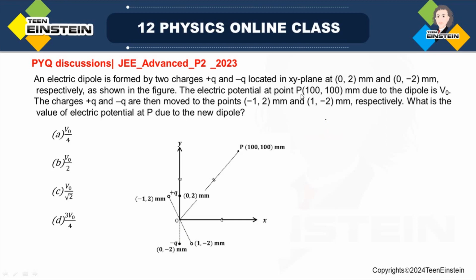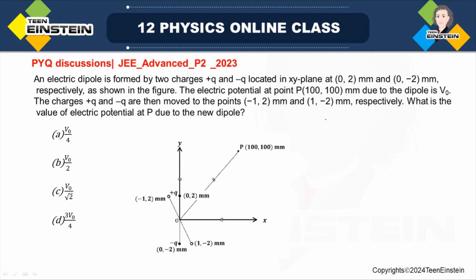The electric potential at point P due to the dipole is V0. So this is a point P which has coordinates 100, 100 mm from the origin, and the potential due to this electric dipole is given as V0.